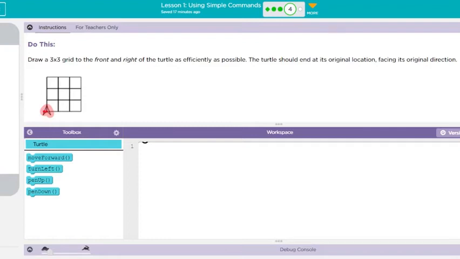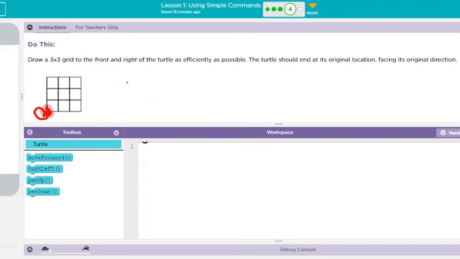We want to make him facing in that direction. So in order to make him turn to the right, we're going to have to turn to the left 3 times so that he's then facing in the right direction. So right now he's facing up, so we have to turn left 1, 2, 3 times, and that's going to get him to face the right direction.